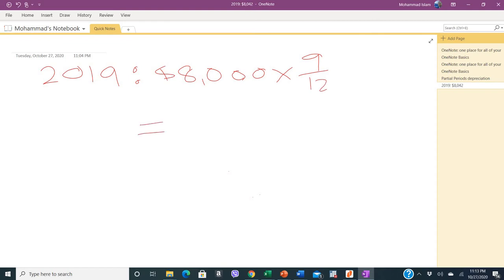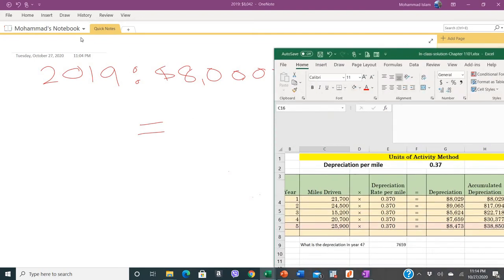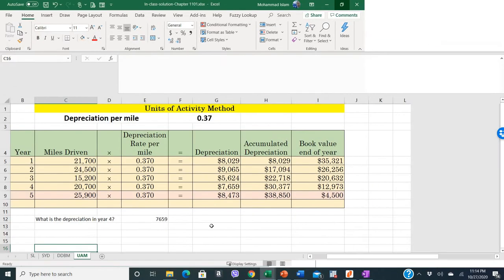Let me calculate this using an Excel sheet, as it will be easy for us to calculate.